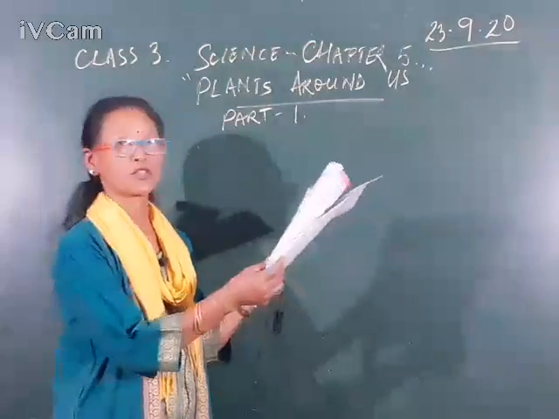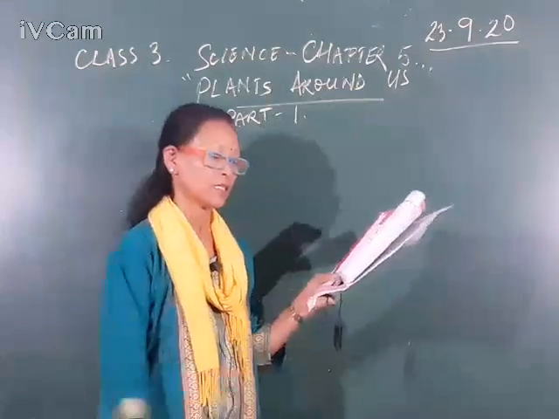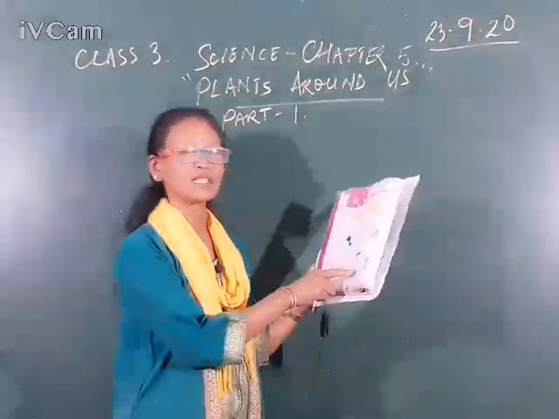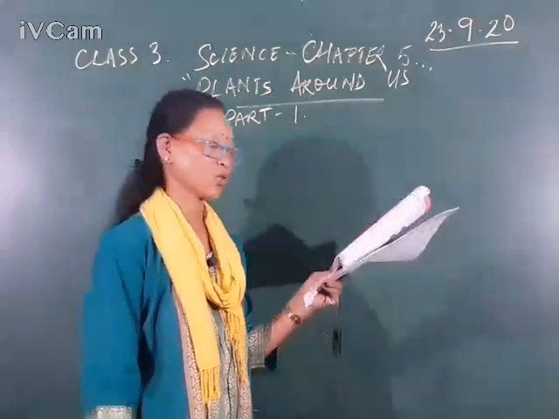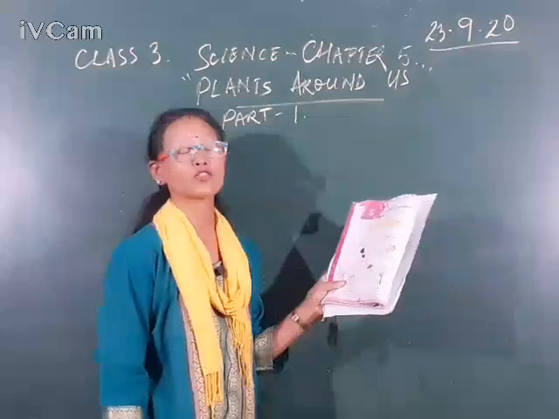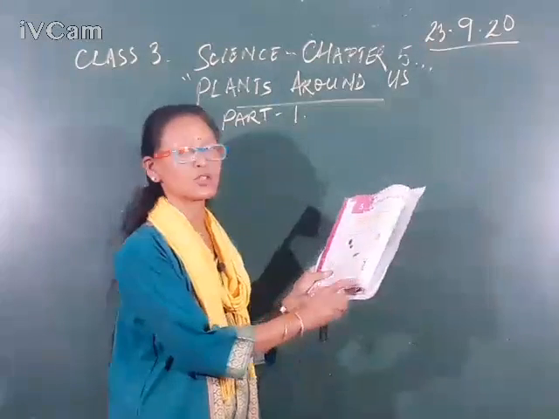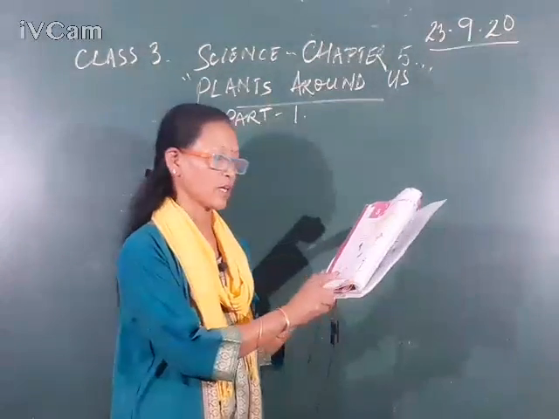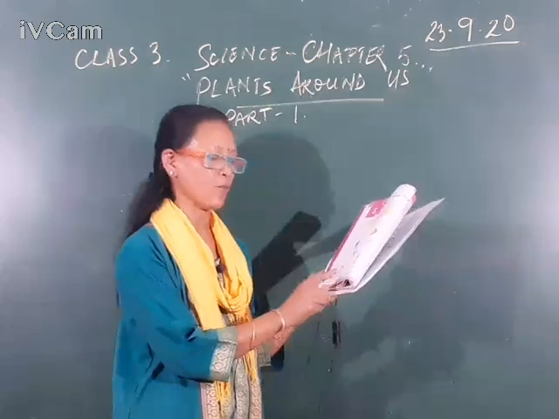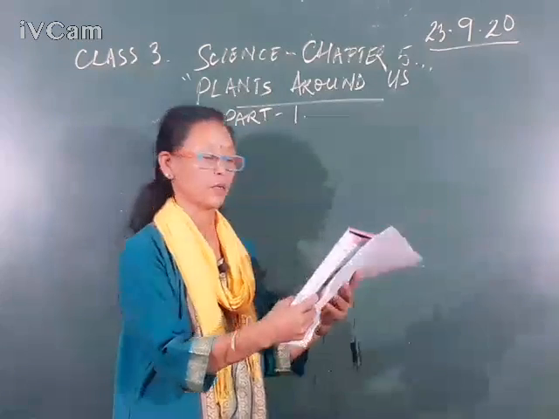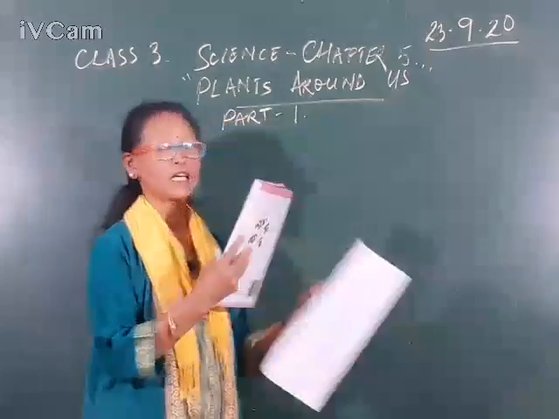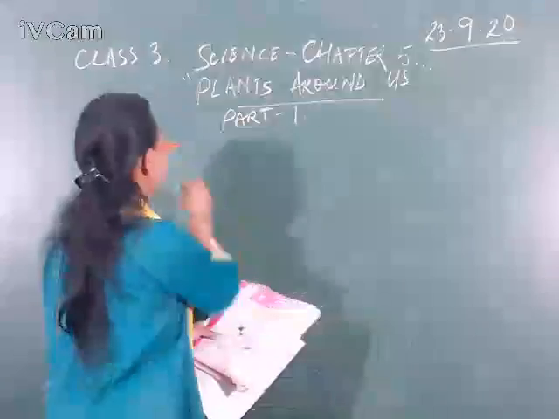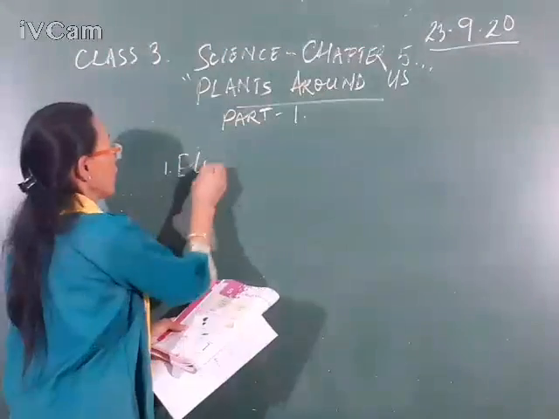And the last picture shown here is straight and woody. What is it called? It is called the trunk of a tree. You can just write the names in your book. The first one is flower.